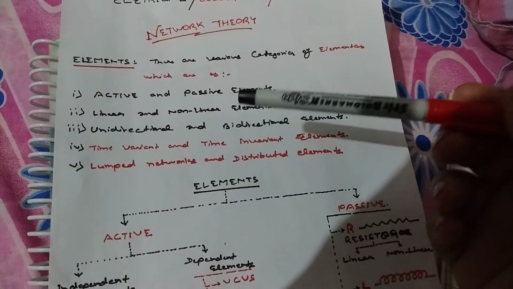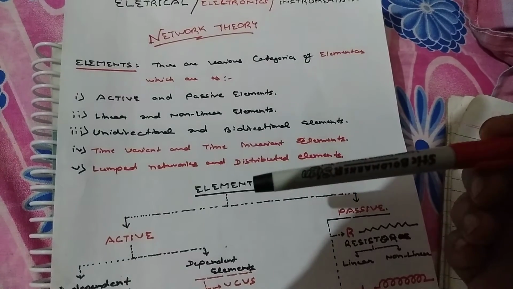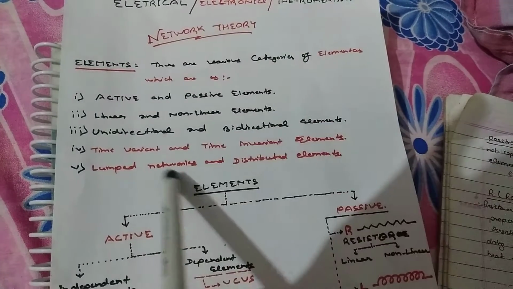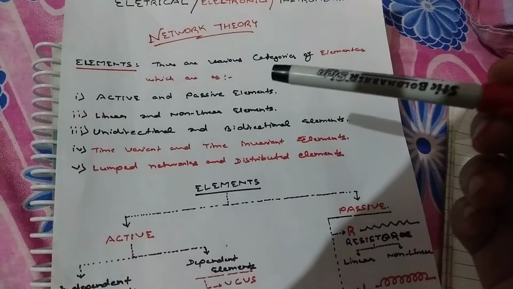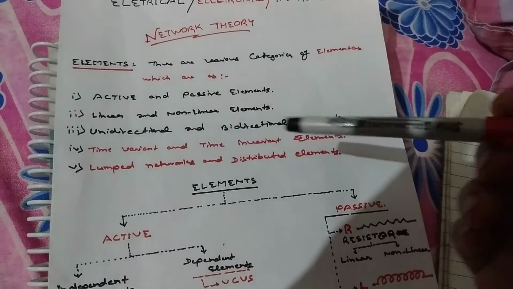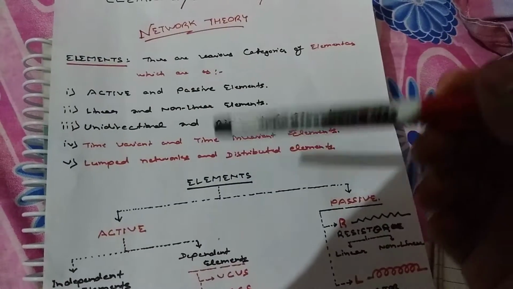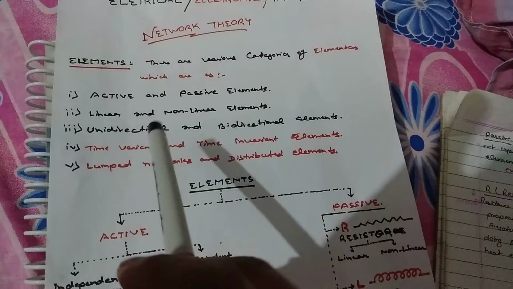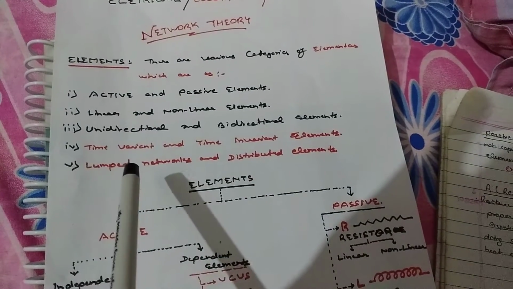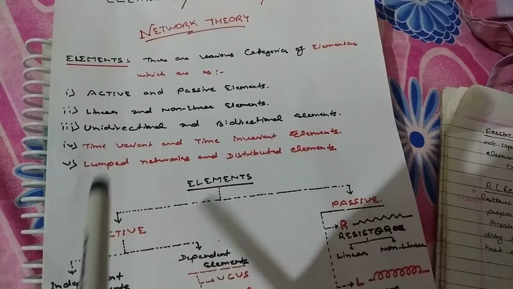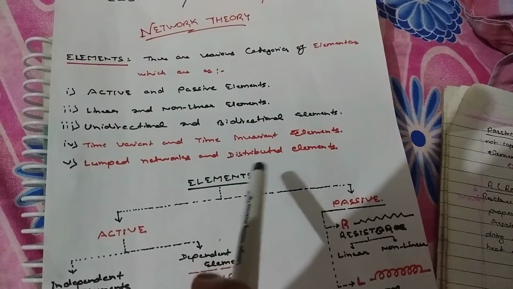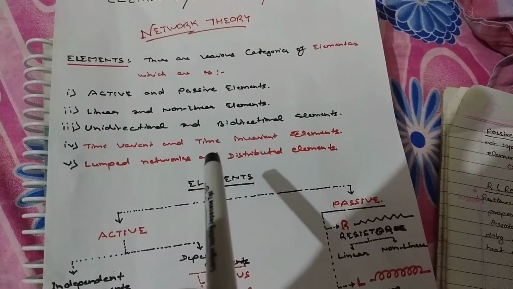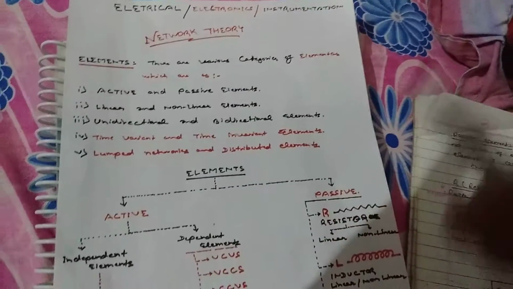I think you have heard all the names of the elements. So, in later classes, we will discuss them one by one in detail. First, we will look at the summary. What are elements? Time variant and time invariant elements, lumped network and distributed network.